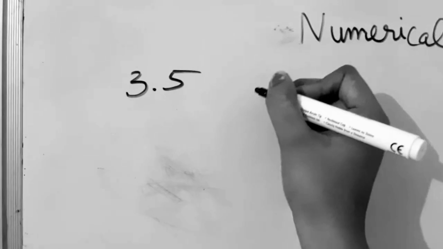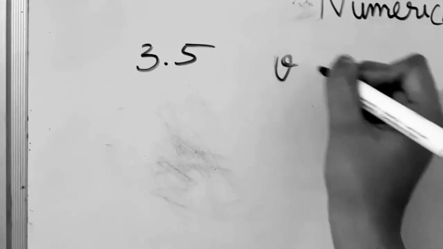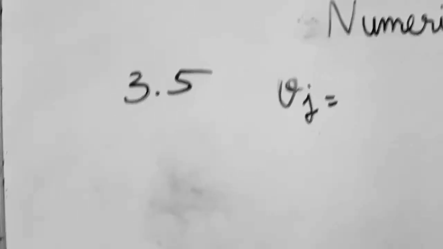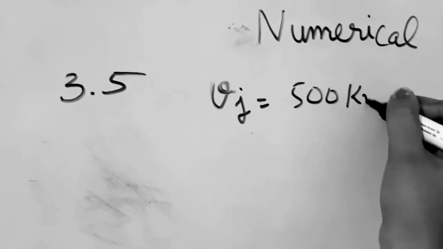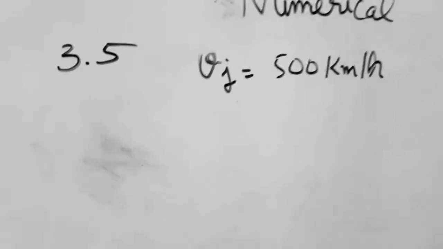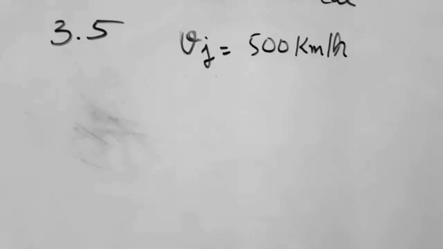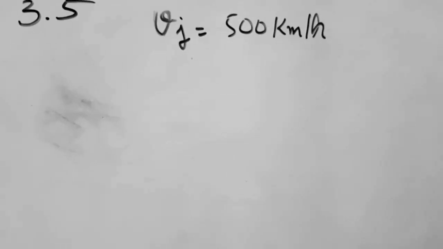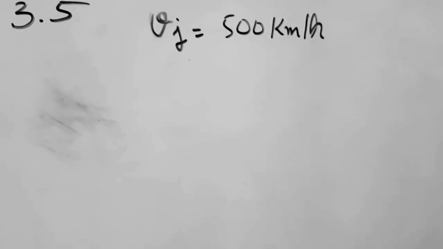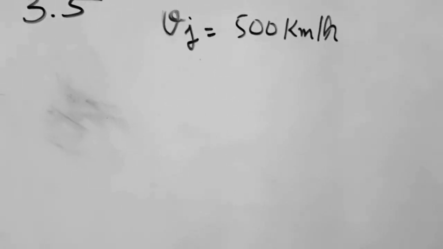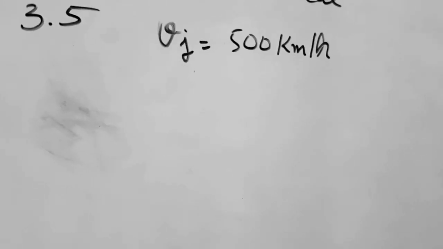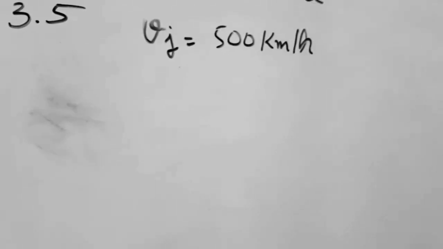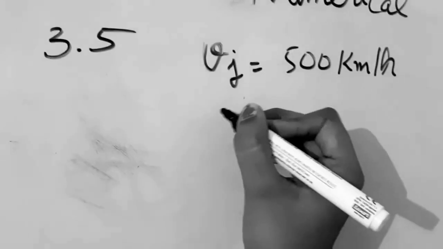So here we have that the speed V of the jet plane, that is Vj, is given as 500 km per hour. Now the relative speed of the combustion with respect to the plane, that is the relative speed of the smoke, is traveling in the opposite direction to the plane. If the plane is going forward, then the smoke is traveling in the opposite direction.